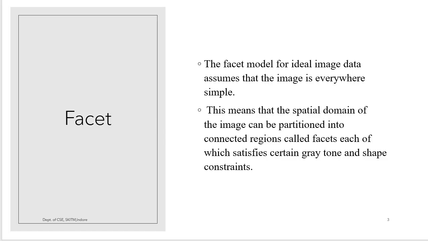So let us start with what is a facet. The facet model for ideal image data assumes that the image is everywhere simple. Ideally we are talking about the image at all places as being simple. We are talking in terms of the grayscale pixel.